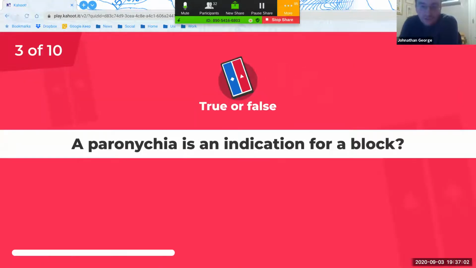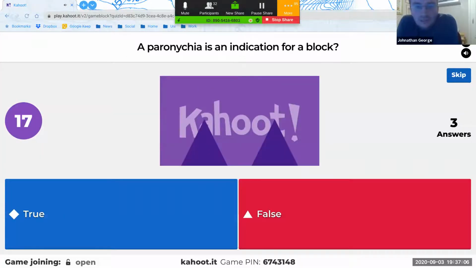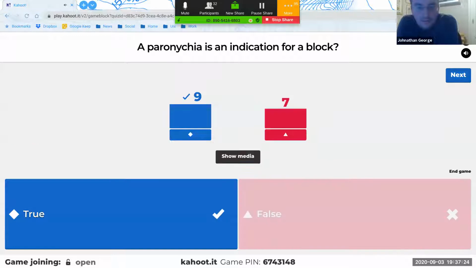Is this a true or false question? Paronychia. So a paronychia is indicated for a block, but I have to admit, I've never done a block when I've had a patient with a paronychia.